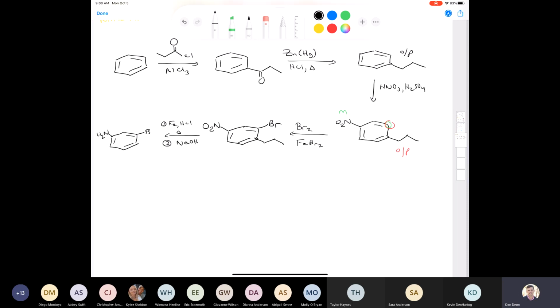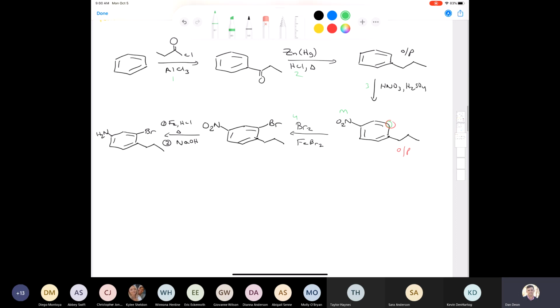We have our bromine added to that, and we have our propyl group. How many steps is this sequence? We've got 1, 2, 3, 4, 5, and 6. The total is, this is a 6-step process to synthesize this molecule.